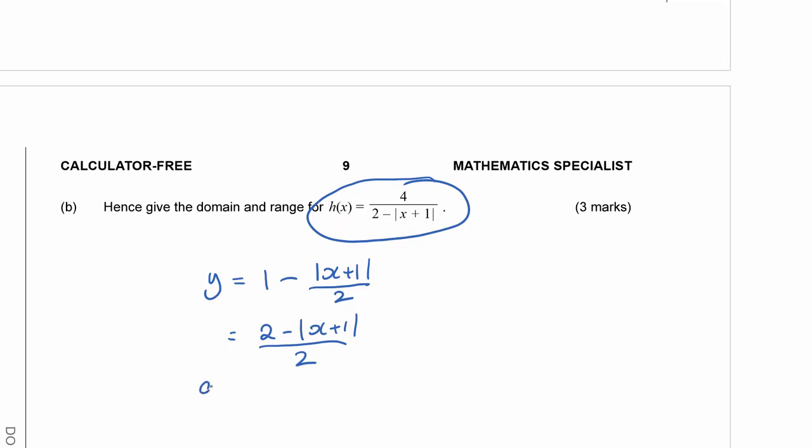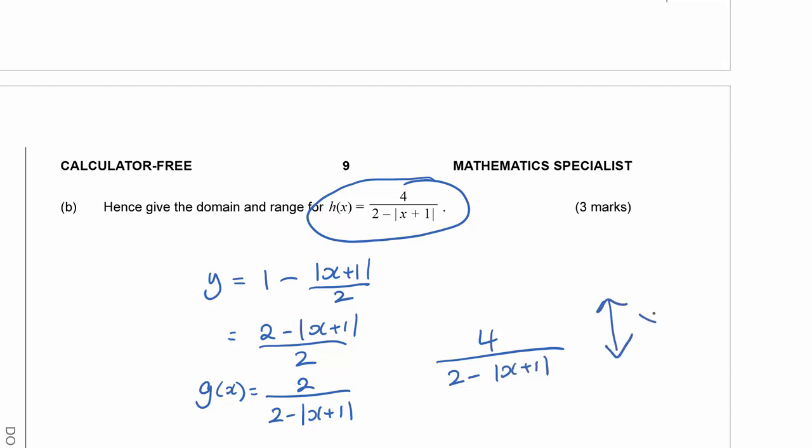So the g of x that we had above, which was the 1 over f of x, was 2 over 2 minus mod x plus 1. And this one is 4 over 2 minus mod x plus 1. So that is just a vertical dilation of scale factor 2.